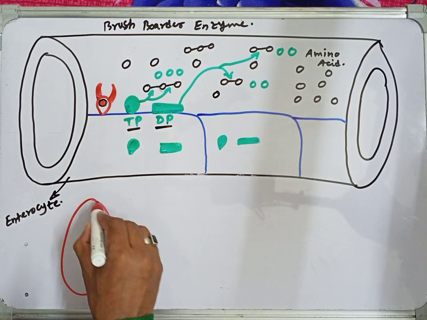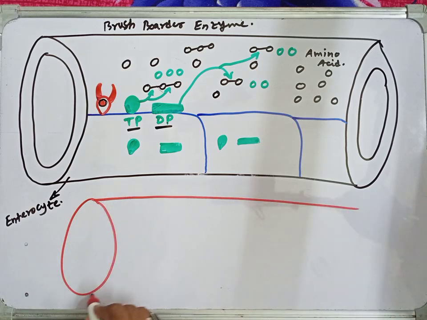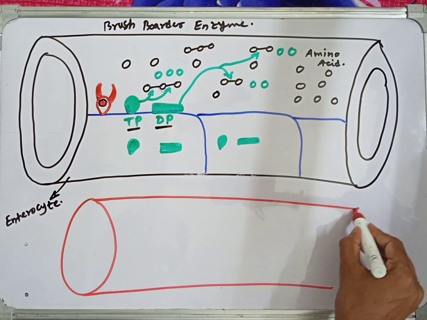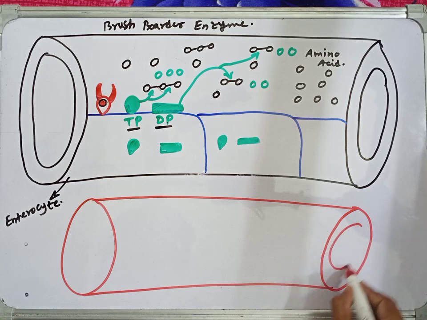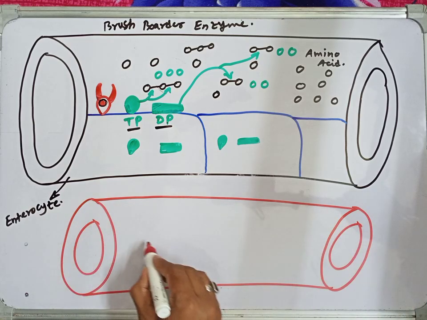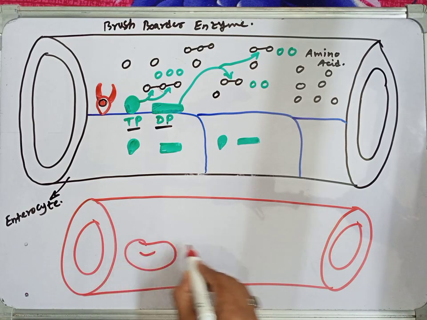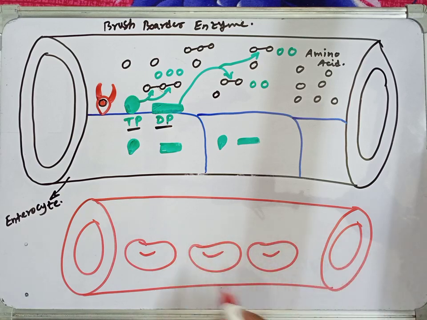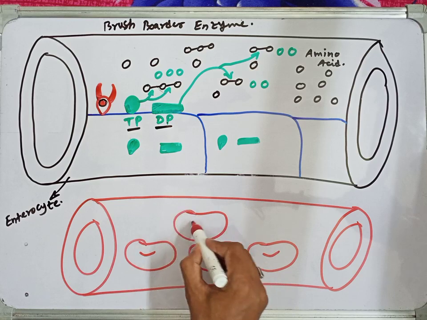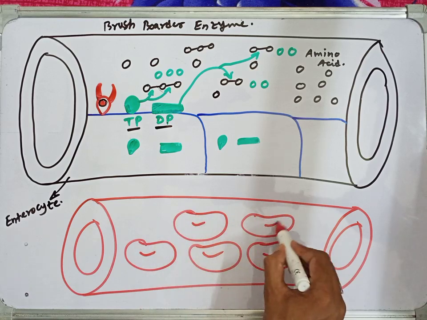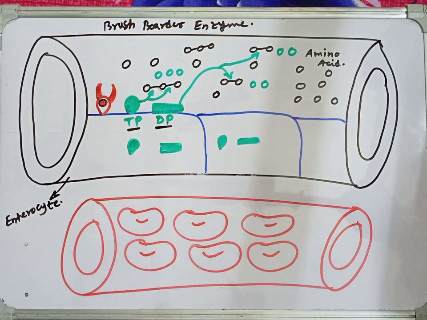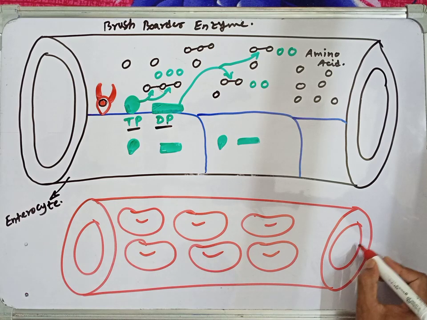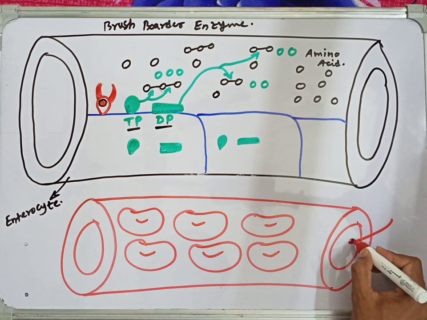And you know very well, beneath our intestine there is a bloodstream, and there are lots of blood cells running through this bloodstream. I have drawn some RBC, that is our bloodstream, blood, right?